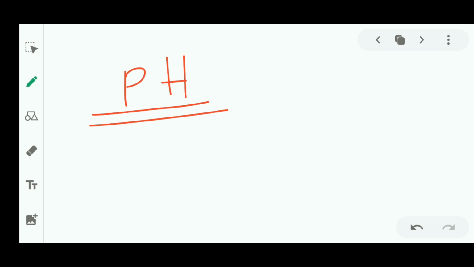So you need to check whether it is acidic or basic, and take the necessary action after getting the result. That's why you need to find out the pH value of the soil.